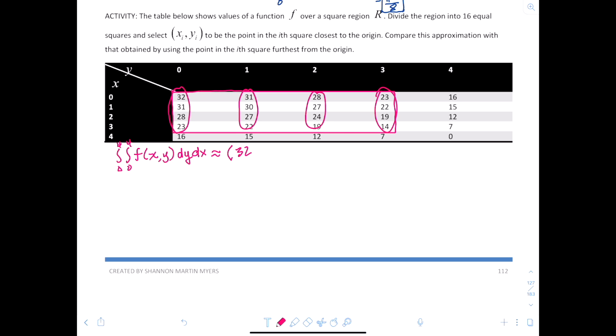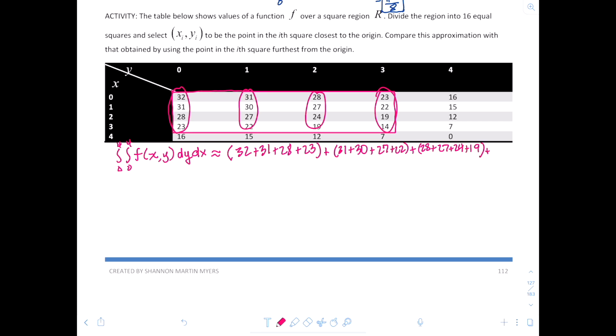And so it's fine. So 32 plus 31 plus 28 plus 23, that's that first column. And then plus 31 plus 30 plus 27 plus 22. And then plus 28 plus 27 plus 24 plus 19.